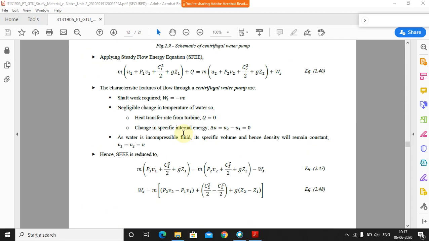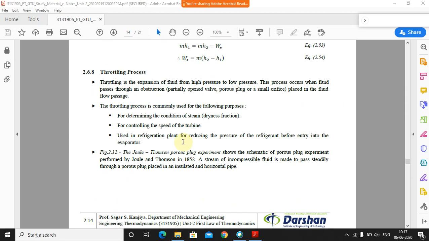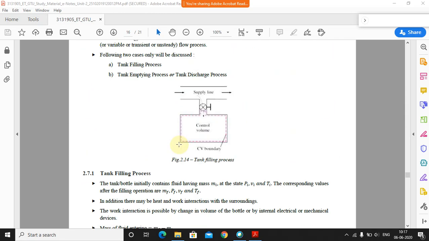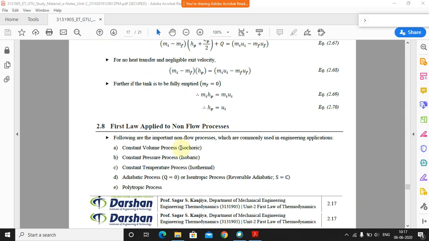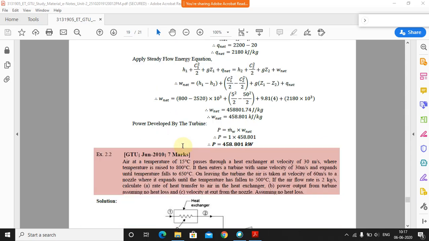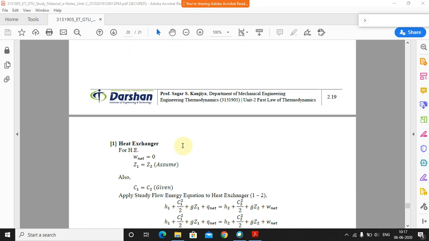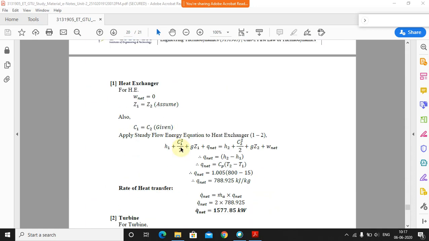So if we want to find out the heat supplied, in that case it will be H2 minus H1. But now in this case the velocity and all the things are given over here, but still okay, we will assume all the things. So basically this W net is equal to 0 because the shaft work is not there. Okay, so for the heat exchanger, W net is equal to 0.